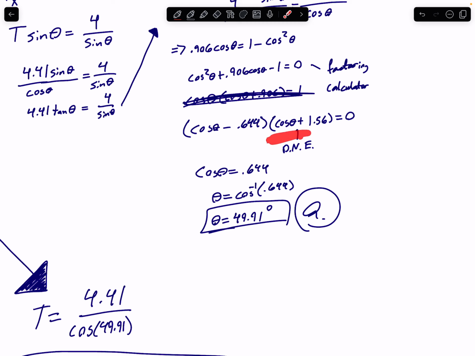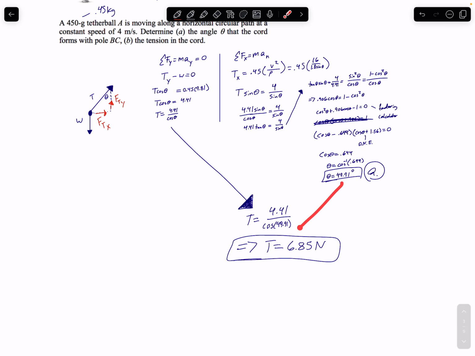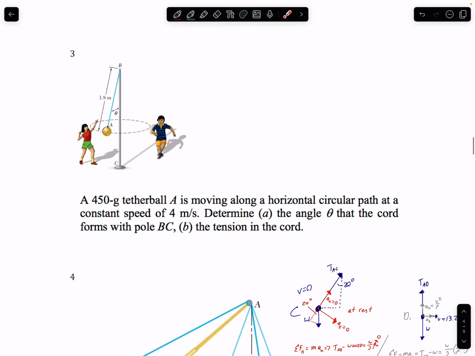Just a straight up value of cosine theta cannot be more than 1, so it does not exist. So we get cosine theta is equal to 0.644, and we get theta equals 49.91 degrees. And now that we know theta, we can sub that into our equation from earlier, and we get the tension is equal to 6.85 newtons.